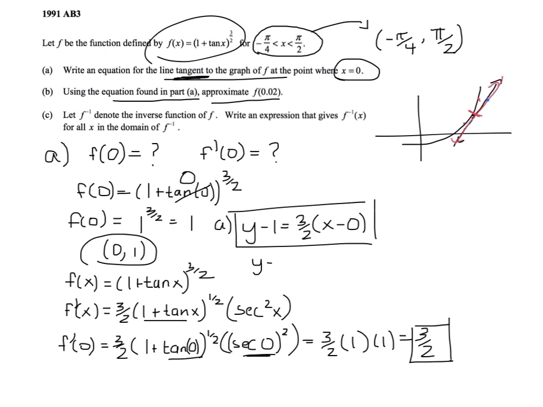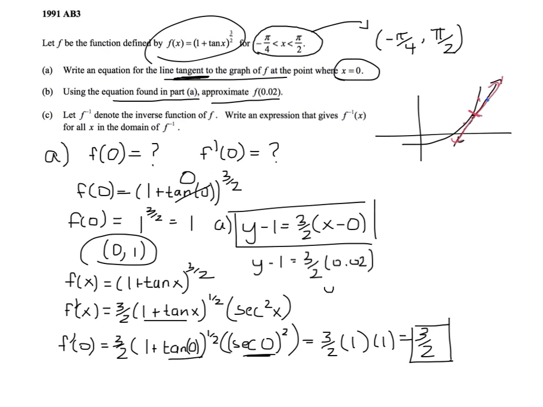So we're going to have y minus 1 is equal to 3/2 times 0.02. Okay? So then you just do that in your head. If you do half of that, half of 0.02 is 0.01, and then 0.01 times 3 is 0.03.